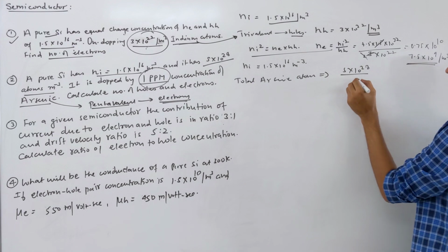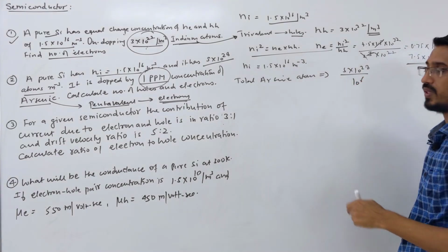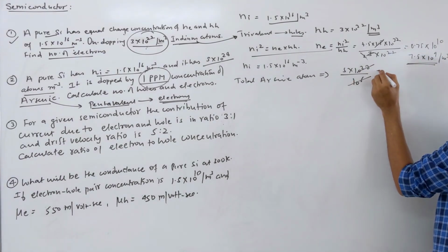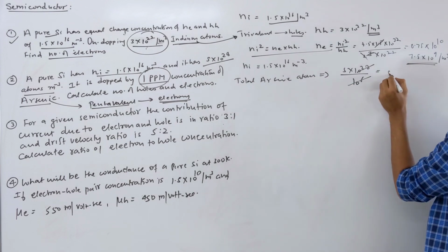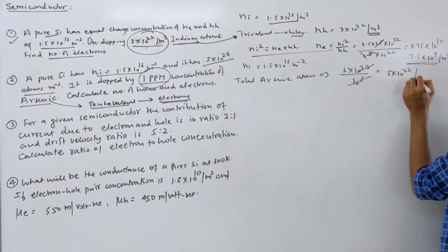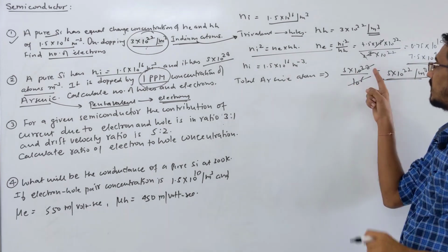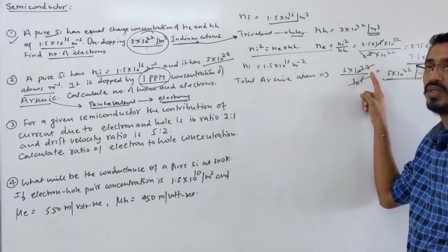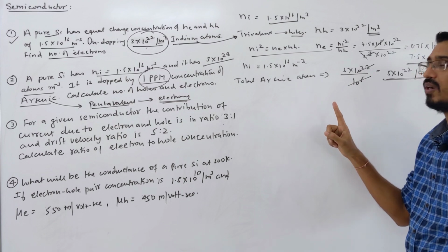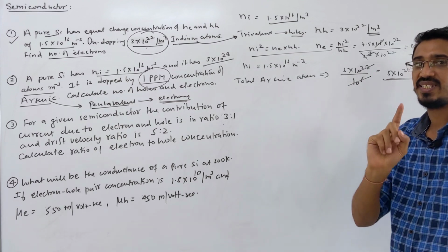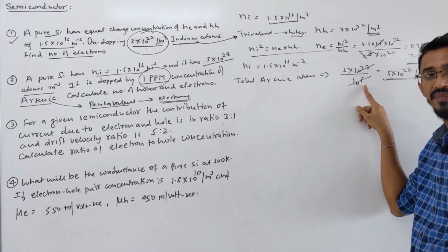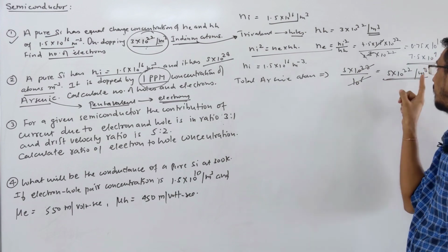So divide by 10 power 6. Now we calculate the total number of arsenic atoms doped, 5 into 10 power 22 per meter cube, same unit. Total silicon atoms are given per meter cube, and for every 1 million silicon atoms we are doping 1 arsenic atom, so divided by 1 million, we get the total number of arsenic atoms doped.